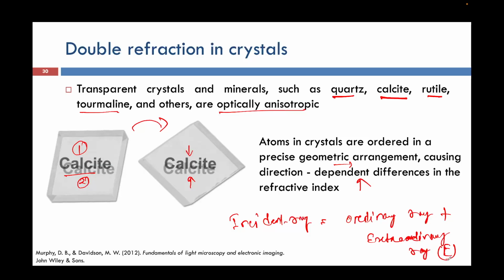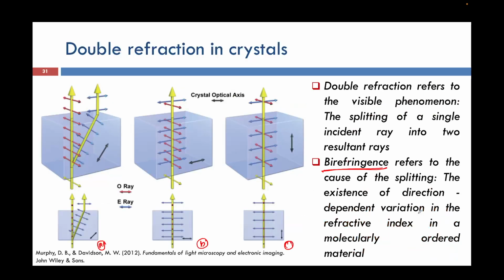The extraordinary ray is noted as E, the ordinary ray as O. The ordinary ray follows the normal refraction path, but the extraordinary ray does not; rather, it starts rotating its E vector in a direction perpendicular to that of the ordinary ray.